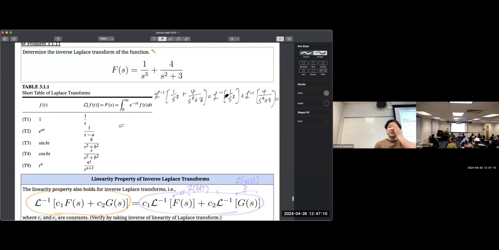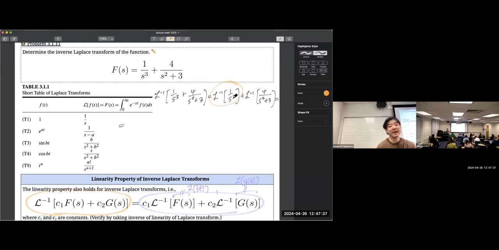So what's the inverse Laplace transform of 1 over s cubed? You're going to look at which entry on this table to go backwards. It's not these ones.